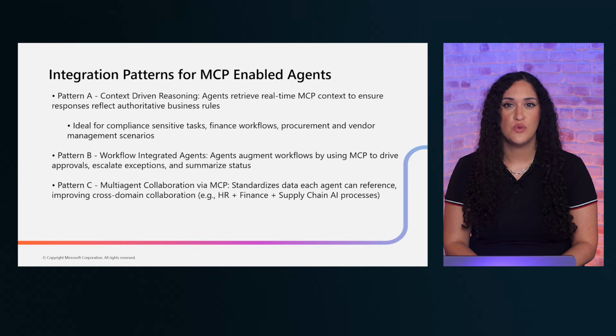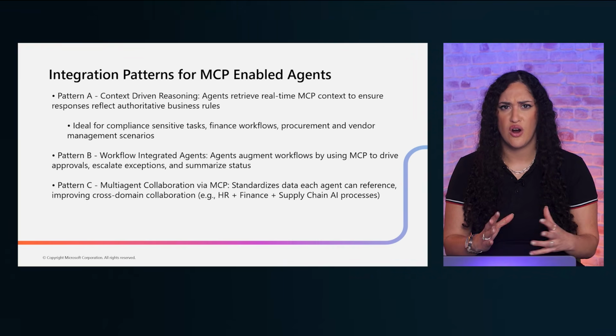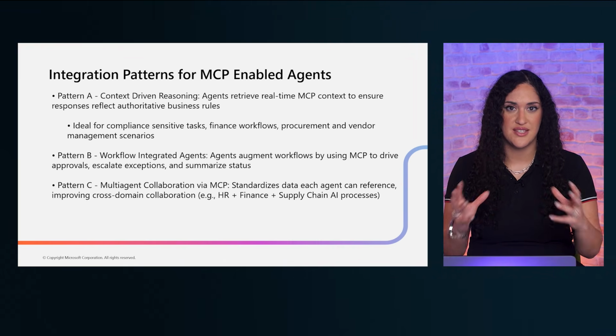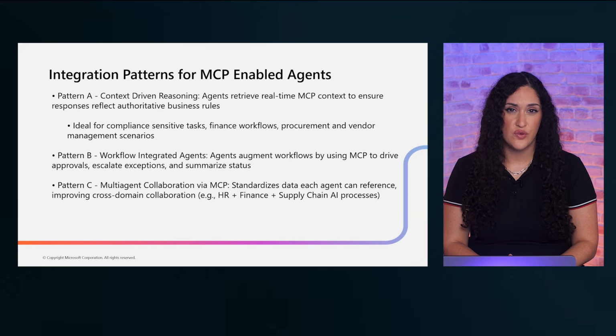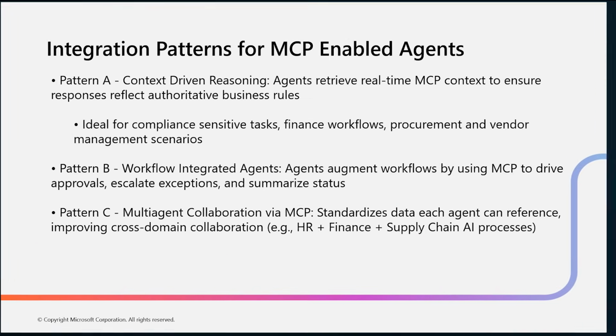Pattern C is a multi-agent collaboration via MCP, which standardizes data across agents for cross-domain collaboration. Think HR, finance, and supply chain working together. The best practice is to select your pattern based on the business scenario, not the technology. Each pattern serves different needs, and mixing them thoughtfully creates powerful composite solutions.